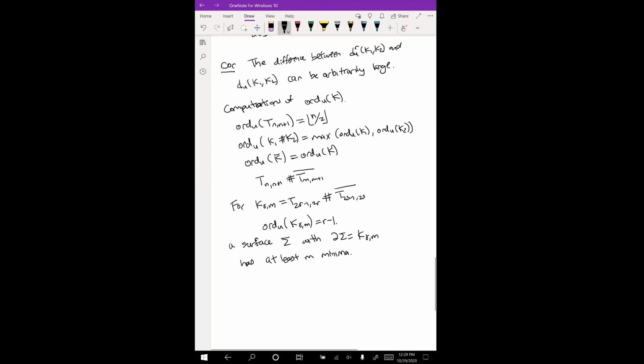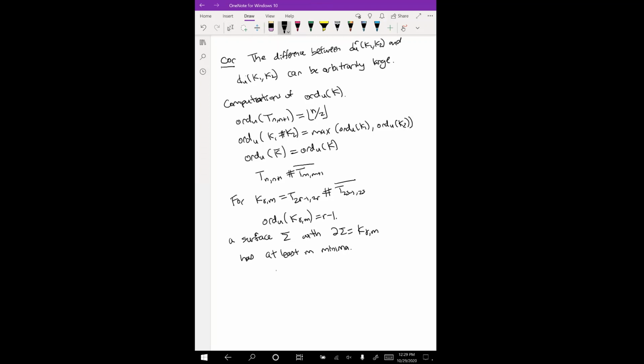And the way to show this is, if you have this K_{γ,M} and you have a surface, then you can consider it as a cobordism from K_{γ,M} to the unknot. If you had M minima, then this is going to have M-1 maxima.